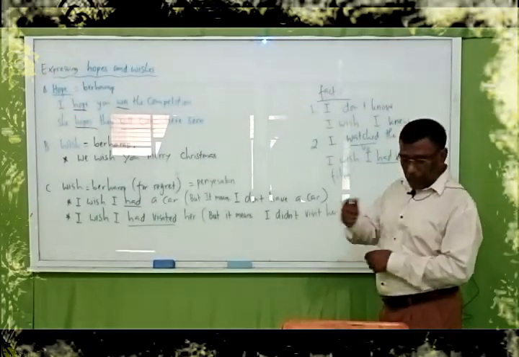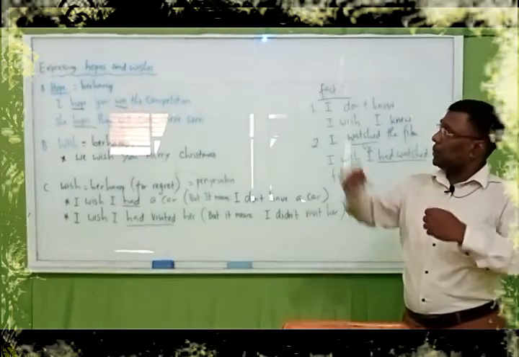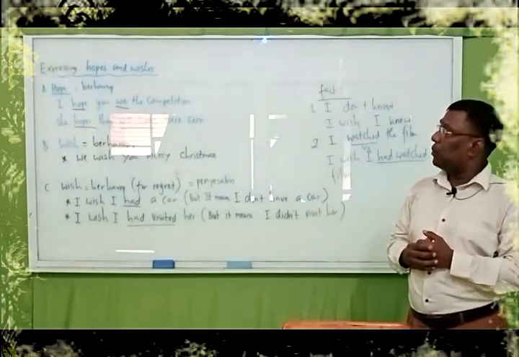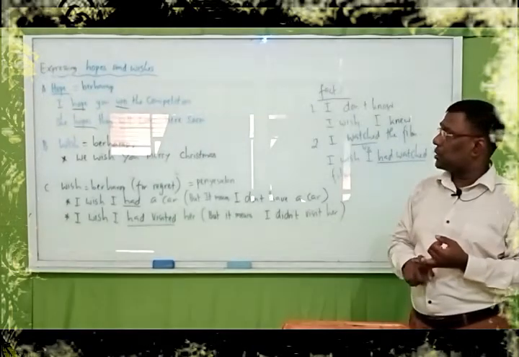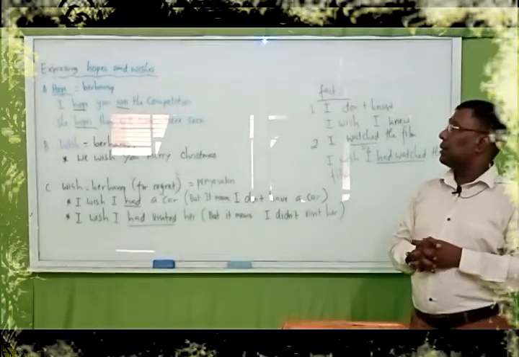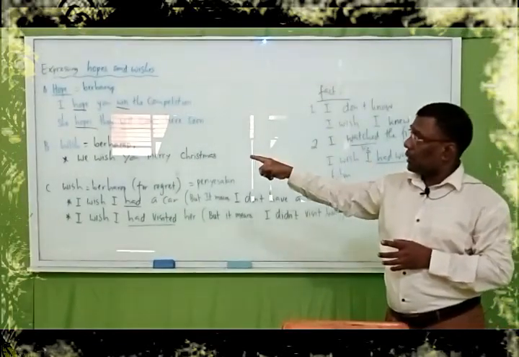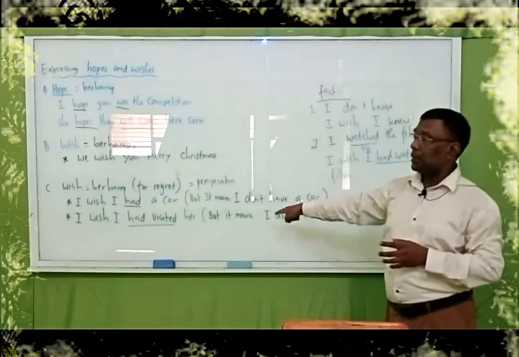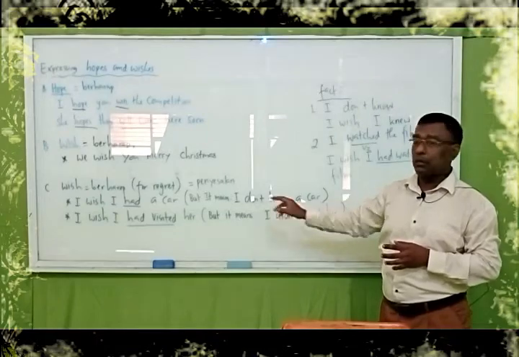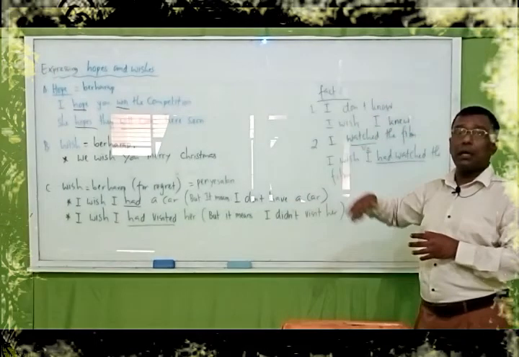If we repeat again, hope and the first wish have the same meaning. We don't have any problem with the first wish, but this one is the focus because we change the tenses.